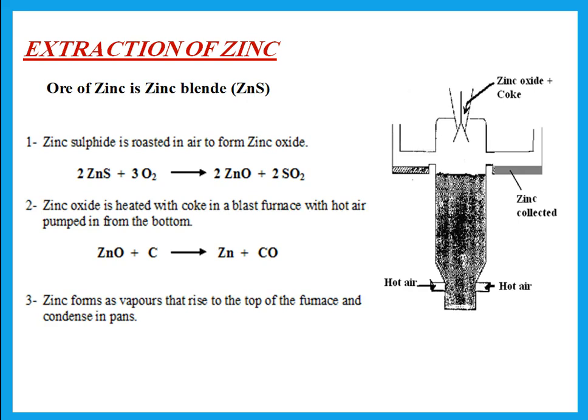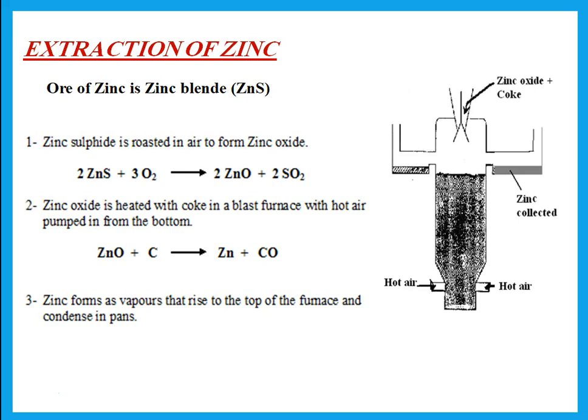But at the very high temperature of the furnace, because we're introducing hot air from the bottom of the furnace, the zinc has a relatively lower melting point, or boiling point, so it evaporates and collects on the sides of the furnace. Can you see where the zinc is collected? So we do not need to sit down and purify it.